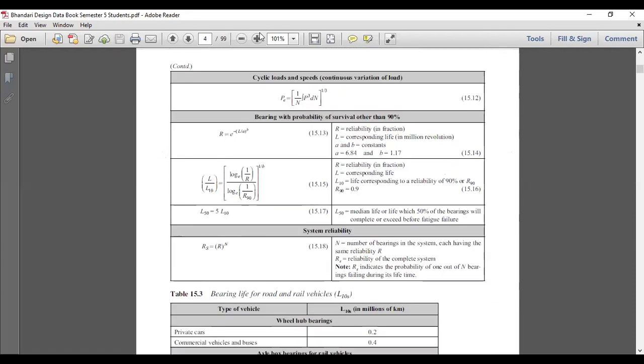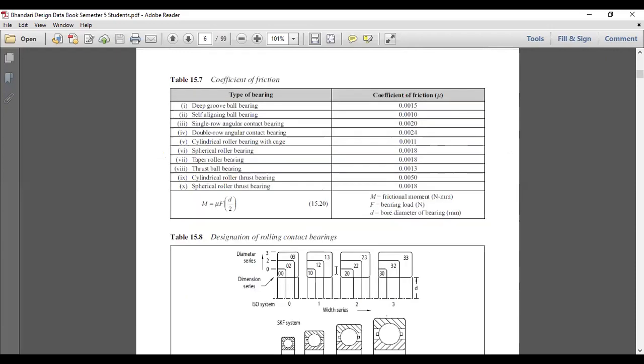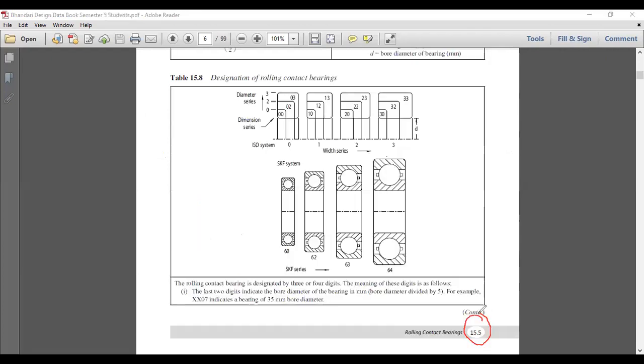So if I go to the 4th page, then see guys, on page number 15.5, the designation of rolling contact bearings is given, and very clearly it is mentioned over here. The last 2 digits indicate the bore diameter. They are counting from your left side.